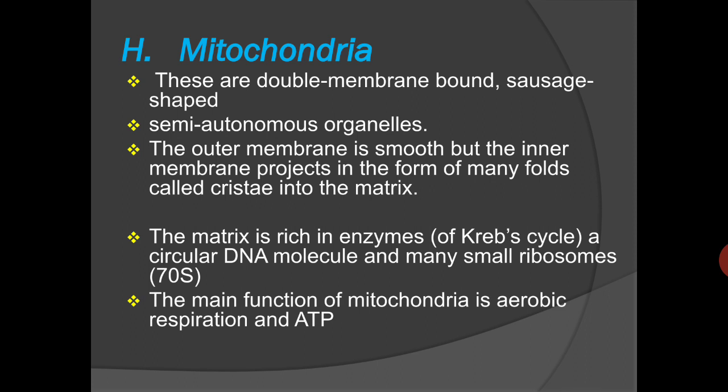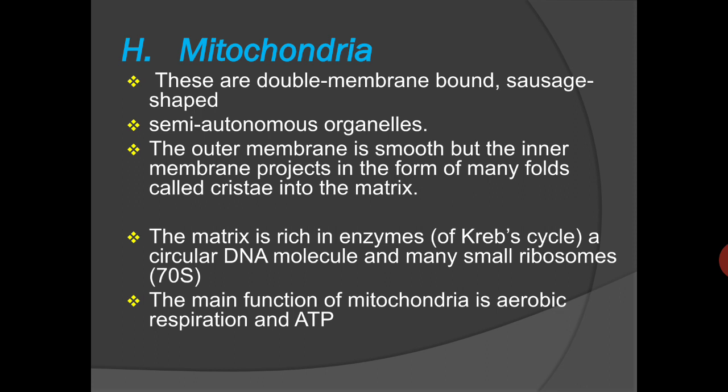The most important organelle is known as the mitochondria. It is a double membrane bound, fusiform or boat-like structure, and it is a semi-autonomous organelle, meaning it can perform many of its functions inside the mitochondria. The reason is that some DNA molecules are present in the mitochondrion.